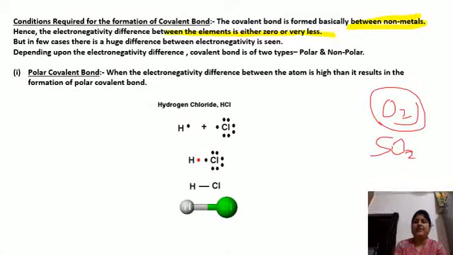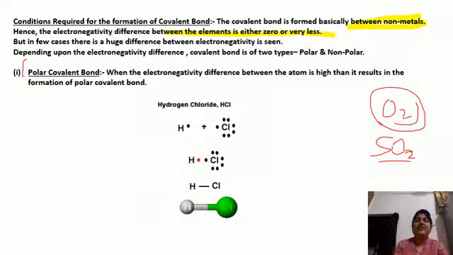So the electronegativity difference is very less. So in the condition of formation of covalent bond, the electronegativity difference between elements will be either 0 or very less. But in few cases, it is very high. Only few cases. On the basis of this difference, these are of two types, polar and non-polar.